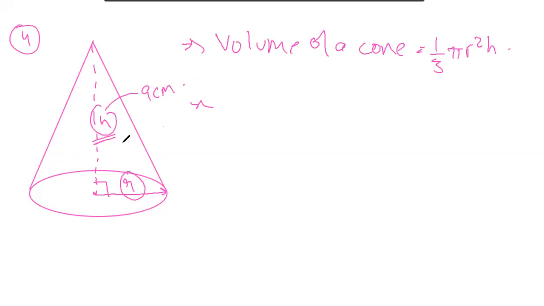We'll find that later after we have completed solving for r, and we'll substitute our values. So 1/3 into, we'll see if it has referred that pi is equal to 3.14. No, so we'll assume it as 22/7. r square is not given to us, into h is 9 centimeter, is equal to 48 pi. We'll leave as it is.